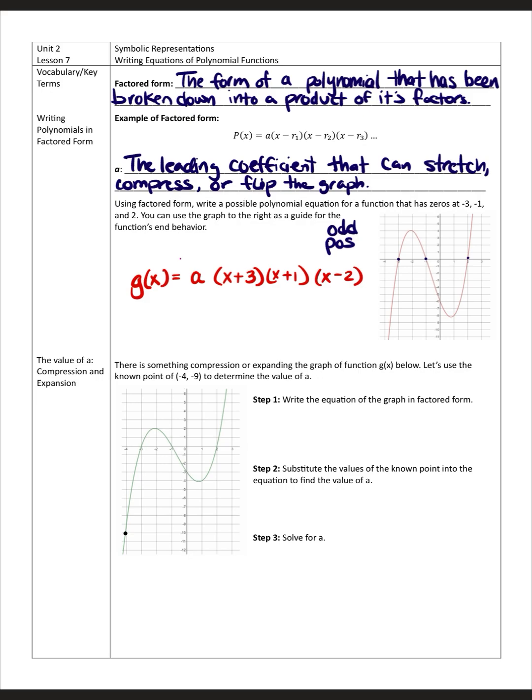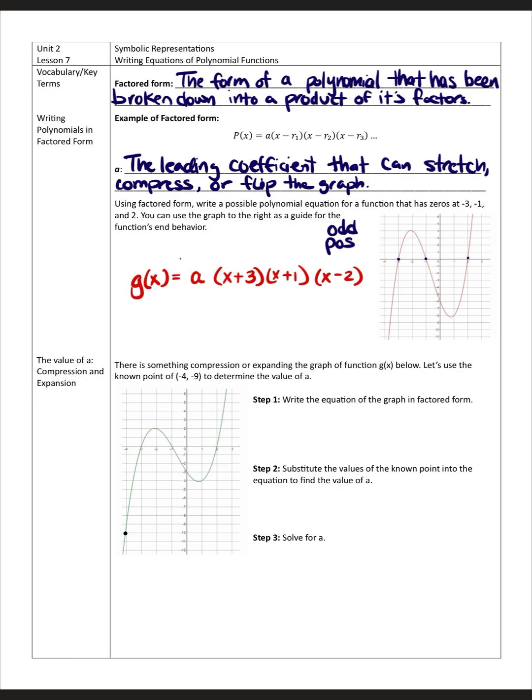All right, so now we got a little bit more information about this graph. So it says that there is something compressing or expanding the graph of the function g of x below. Let's use the known point of -4 and -9 to determine the value of a. So the first step is going to be to write the equation of the graph in factored form.